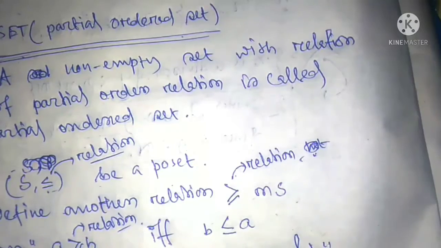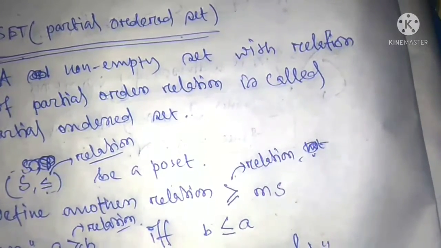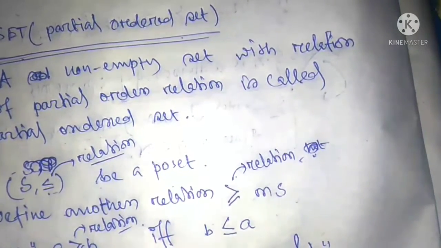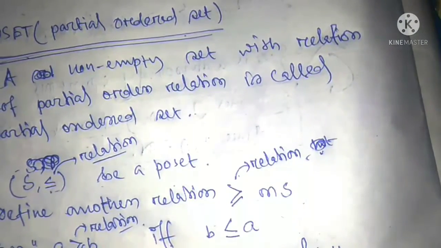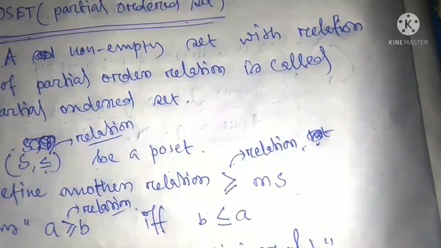Now what we have to show is whether greater than equal is a poset or not. First case: we have to show that the relation is reflexive.